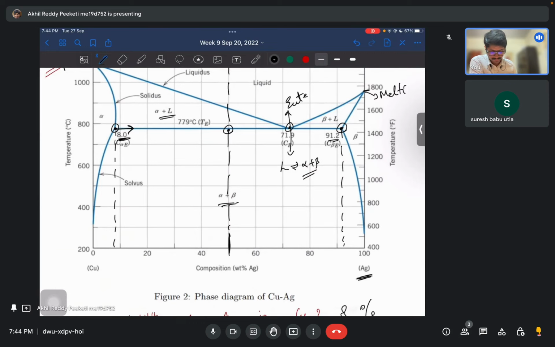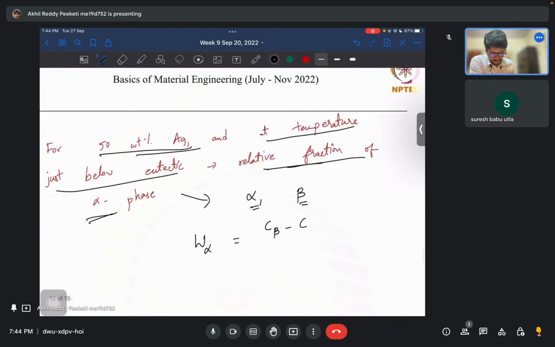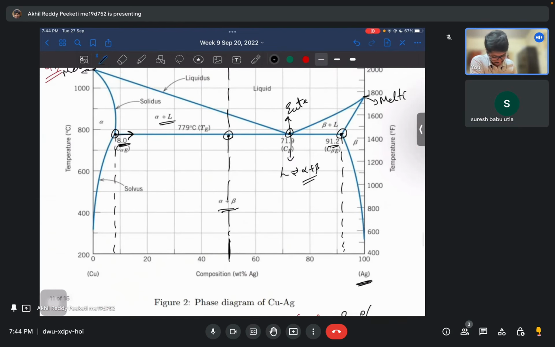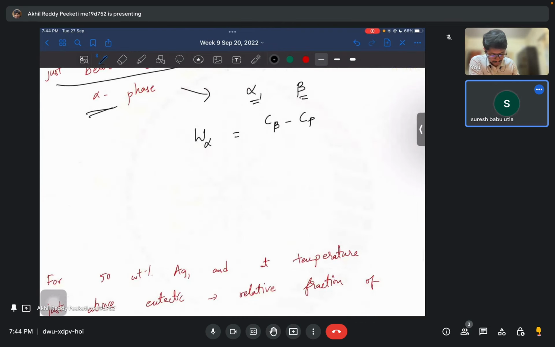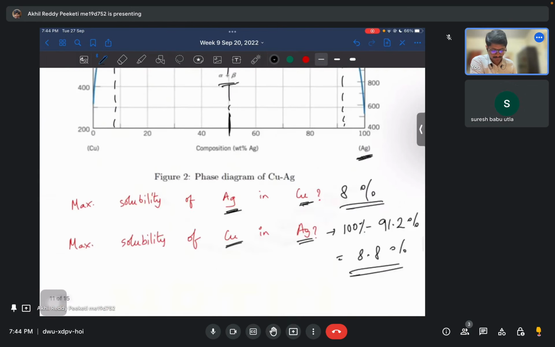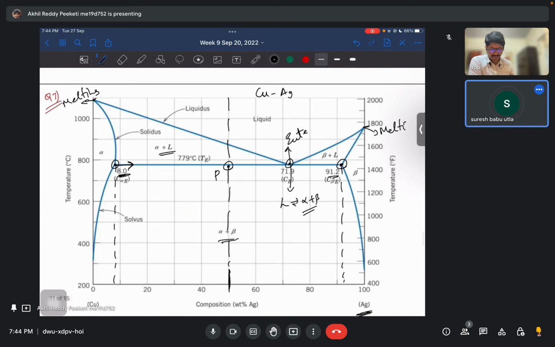So if you know the lever formula, what should we do now? Whatever that point is, let's denote it as P. So it's proportional to this length. Basically, this lever principle is like this.